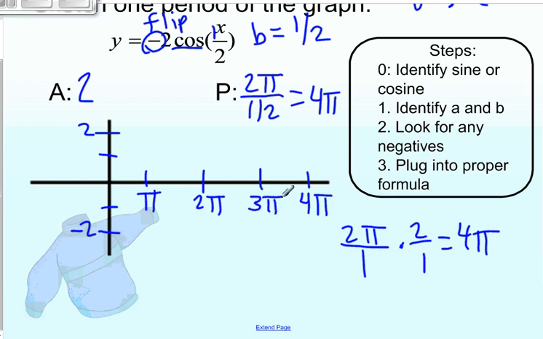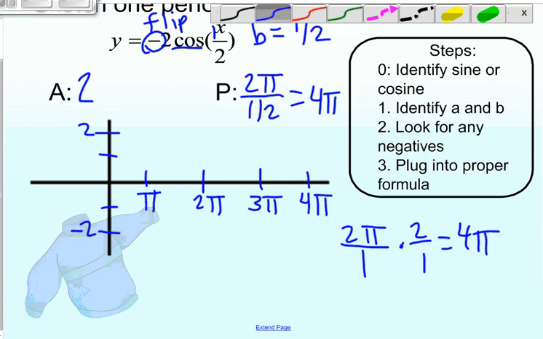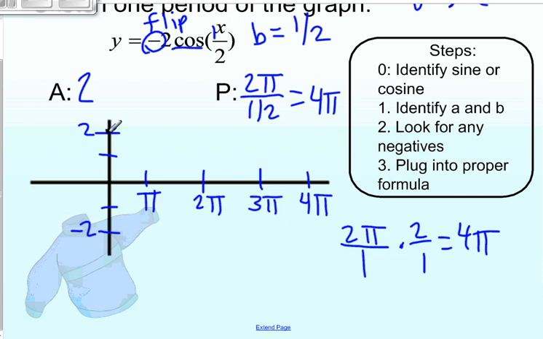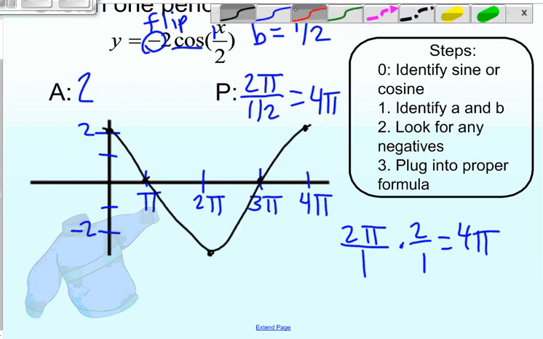So over here we've got 3 pi. Now again, this one was flipped. So normally our graph would be this graph here in the black. That's what our normal graph would look like. But because we have now flipped it, we're going to take the opposite.